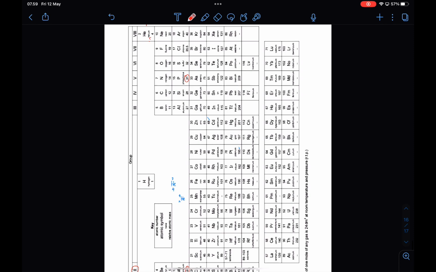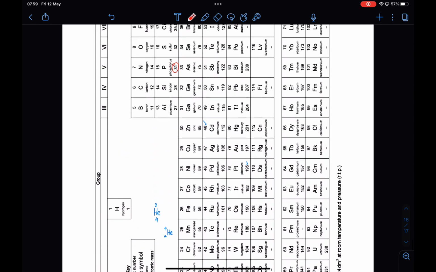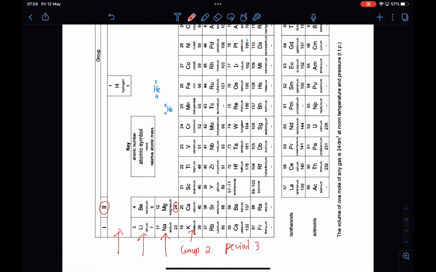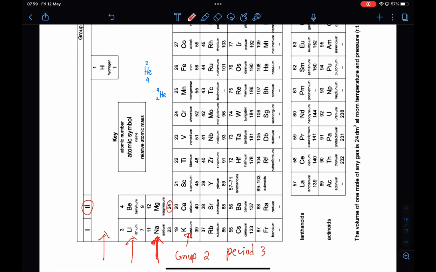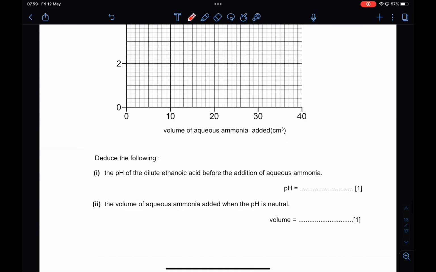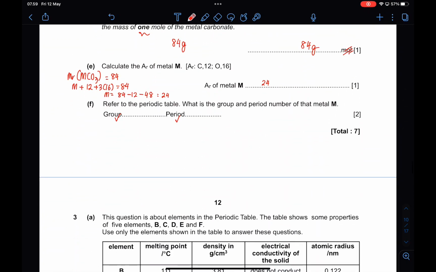From what I know, period 3 is this one. We don't count that as period 1. Hold on. No, correct. Period 3. This is period 4, so period 3. So 1, 2, 3. So group 2, period 3.